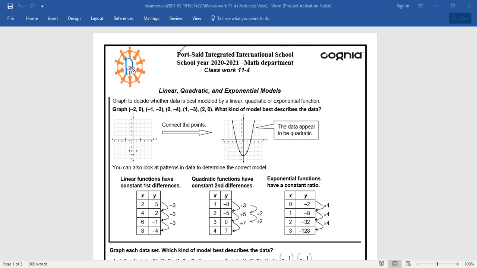Grade 9. If we have a linear, it will look like a line, okay? If it's a quadratic, it will be a parabola, and it depends on the coefficient before x squared, right? If the coefficient before x squared is positive, the parabola will be upward.